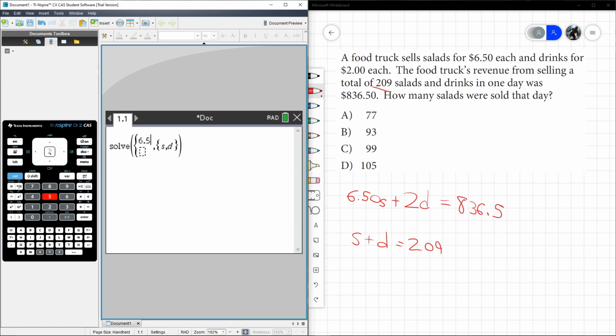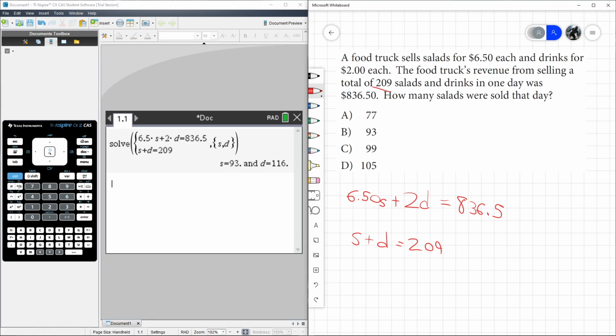So we do 6.5S plus 2D equals 836.5. And on the other one, we do S plus D equals 209. Enter, and there's your answer. You sold 93 salads and 116 drinks. In this case, we're trying to figure out how many salads were sold that day, so the answer would be 93.